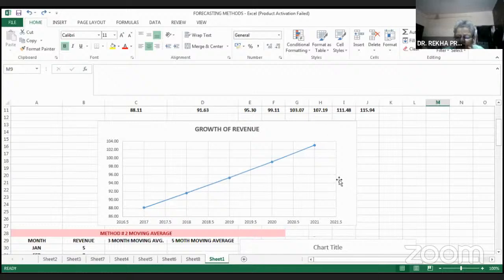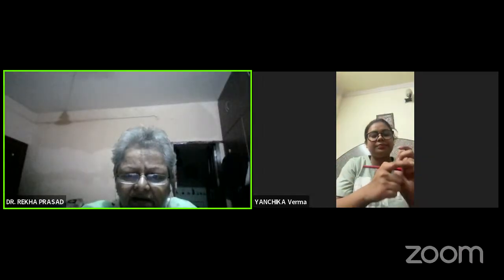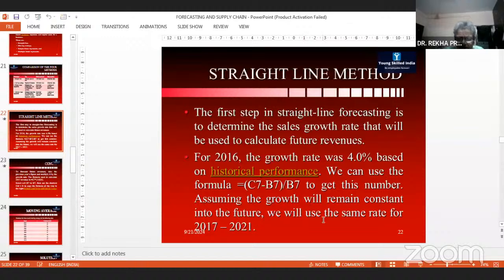Same thing, you can extend it to any year you want, because the growth is constant, so it will be a constant curve, a straight line. So here you have seen this is a straight line.